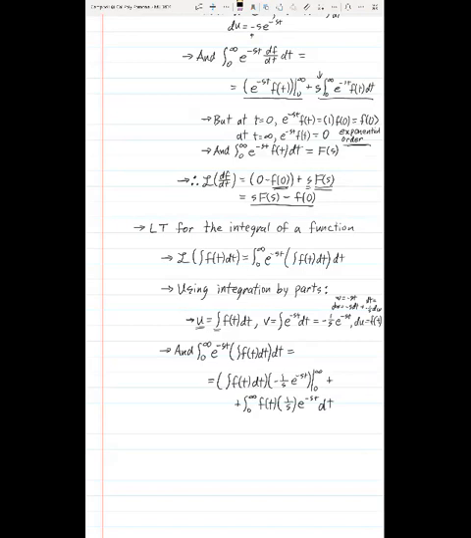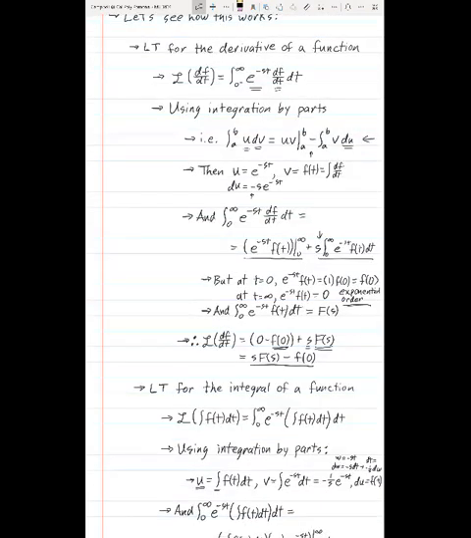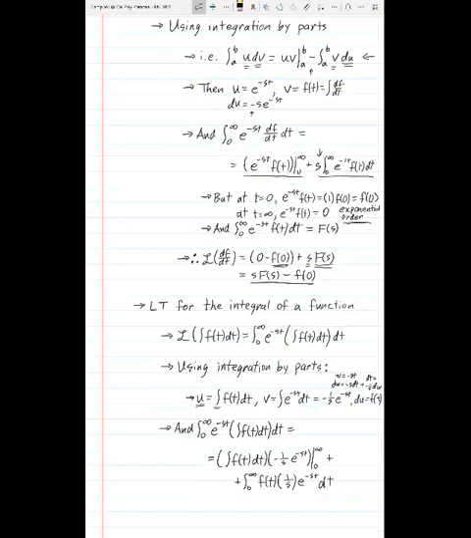And of course, this latter one is coming from our v right there, and then we also have our du coming in. So this is our v, and this is our du coming in right there.